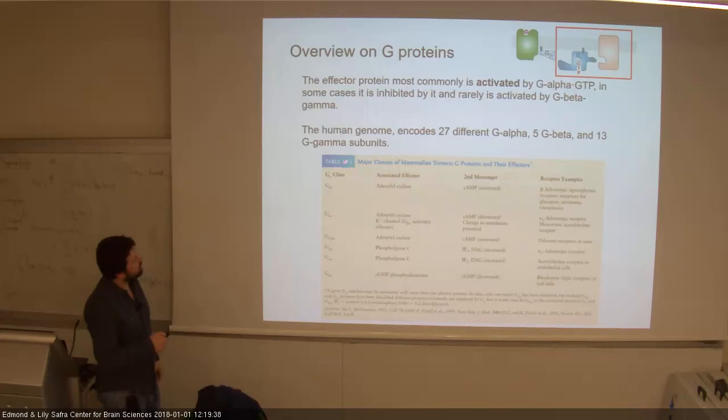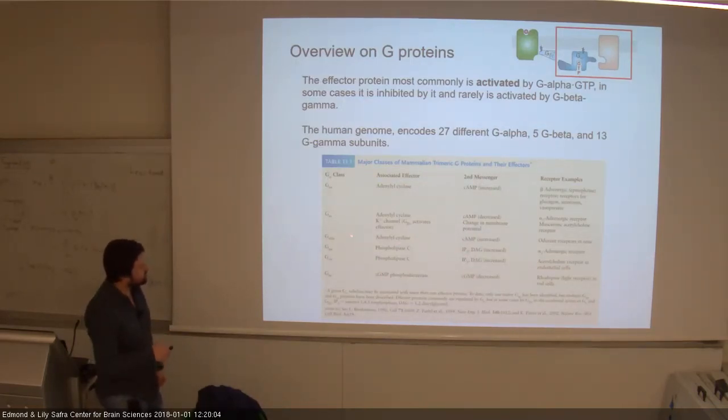In the human genome, we have 27 types of G alpha proteins, 5 G beta and 13 G gamma subunits. Each one of them can activate a different effector protein, and in different systems. For example, in the adrenergic system, the G alpha activates the enzyme adenylyl cyclase that produces cyclic AMP.